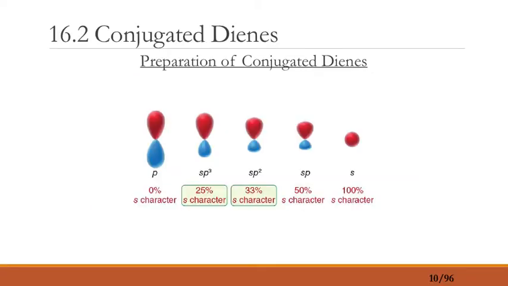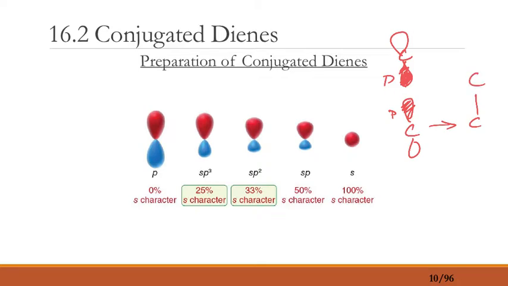So as I mentioned in the previous slide, it depends on the s character or the hybridization. You can actually have p orbitals of two atoms lining up, like this is a p and another p could line up to form a sigma bond.